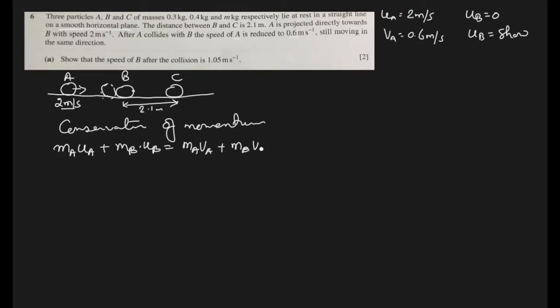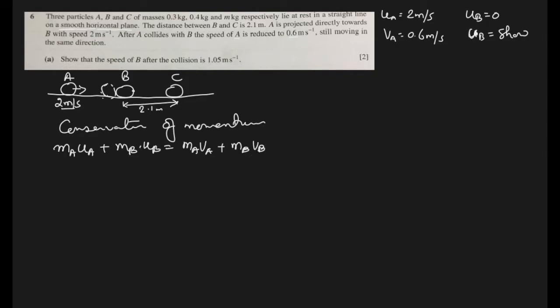According to conservation of momentum, the mass of A multiplied by the initial velocity of A, plus mass of B multiplied by initial velocity of B, will be equal to mass of A times final velocity of A, plus mass of B multiplied by final velocity of B. Now let's substitute everything and we'll find VB.